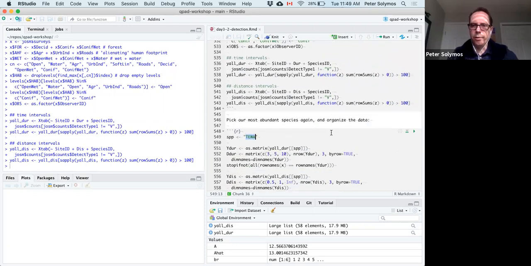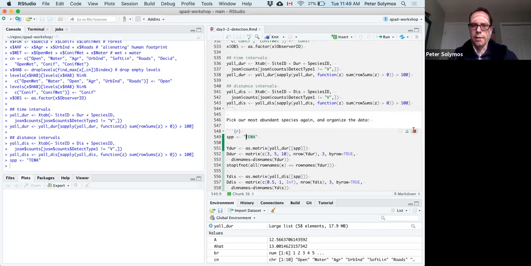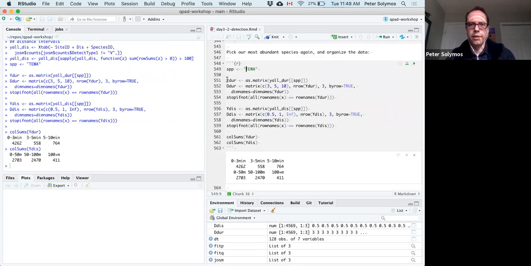We pick Tennessee warbler again. And so we have the removal sampling and the distance sampling related data set specified here.